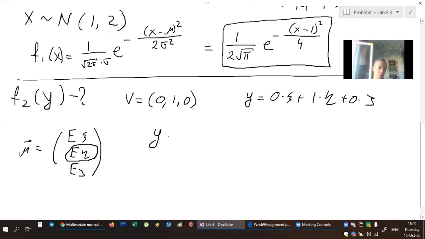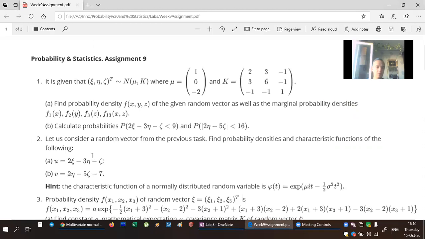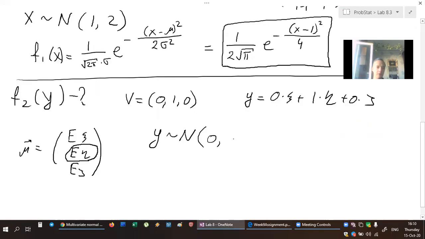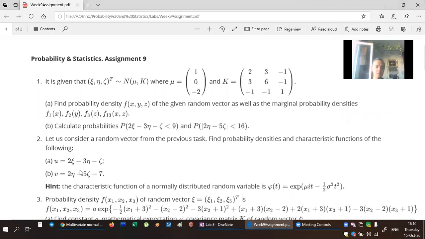So first of all, again, we say that it is a normally distributed random variable because it's a component of the random vector, which is normally distributed. So its component is also normally distributed. And its parameters will be 0 in our case, and sigma square. Sigma square we take from the matrix K. Where is it?